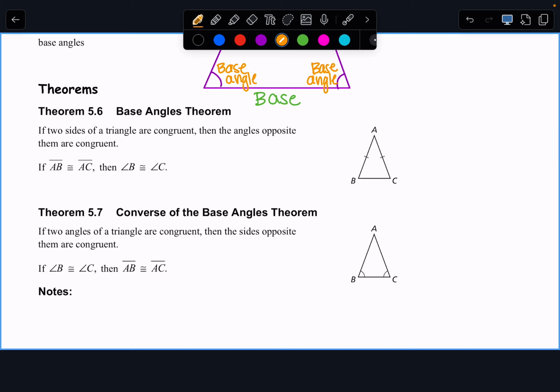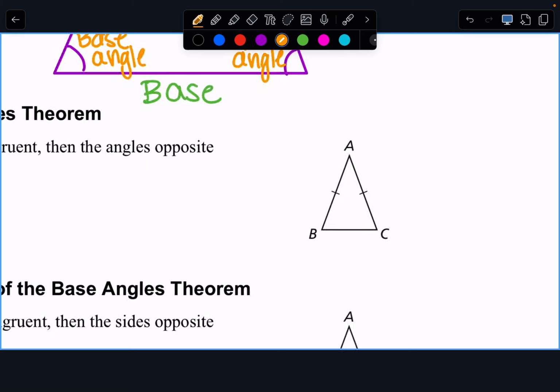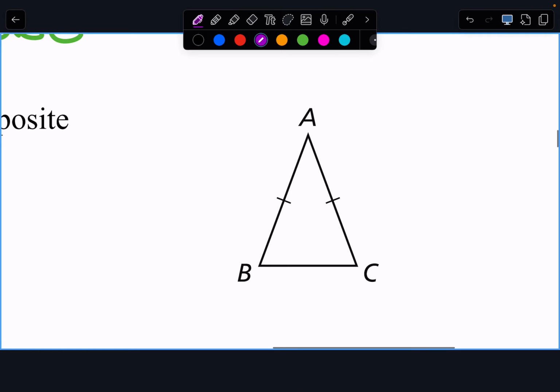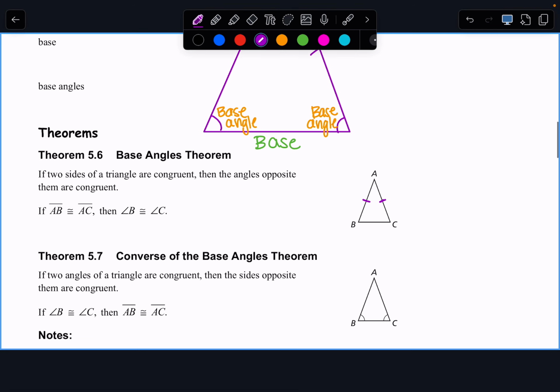Okay. Here is something that is important for you to know. We have a theorem that has a converse that's also true. So, theorem number one, if we have a triangle with two congruent sides, then the base angles are congruent.